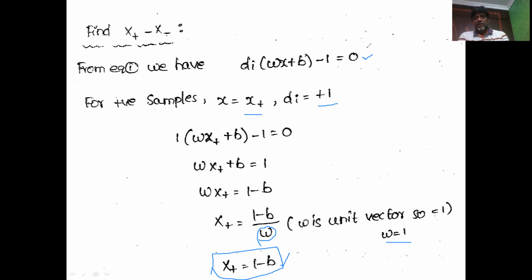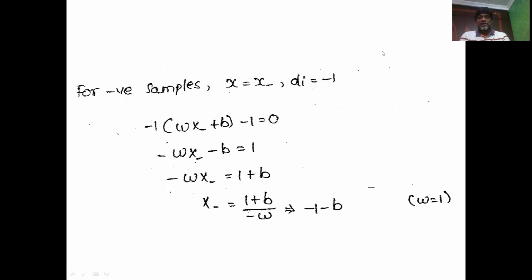Similarly, from the same equation, we need to find out how this equation will be modified for x minus, for negative samples. So for negative samples, we substitute x is equal to x minus, and the desired response di is going to be minus 1. Let us substitute it in the equation.